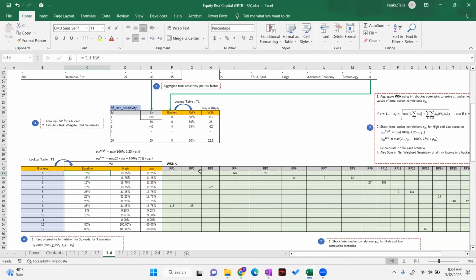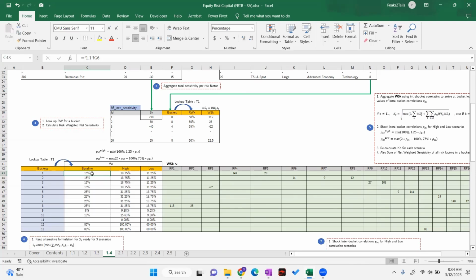I didn't use a matrix multiplication in Excel because it will be too big. In Python, you can easily do it, right? So let's say all these 20 risk factors belong to bucket 1. Then you would have a 20 by 20 correlation matrix. Diagonal elements should be 1, that is always there.